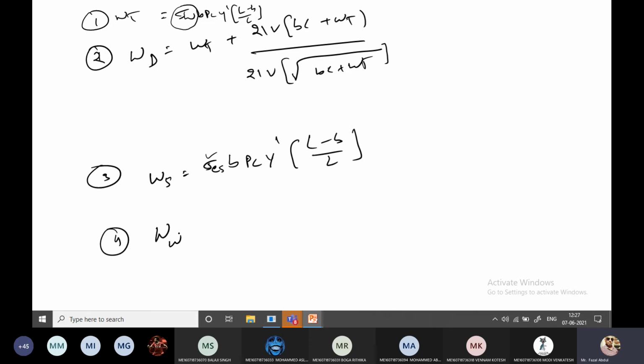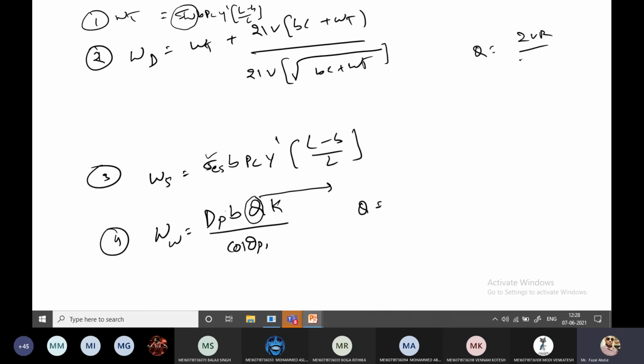Now the fourth equation is the wear load. The wear load equation is WW equal to dP into B into Q into K by cos theta P1. Where Q is the ratio factor. Generally in spur gear, what we wrote for the Q value was 2 VR by (VR plus 1).